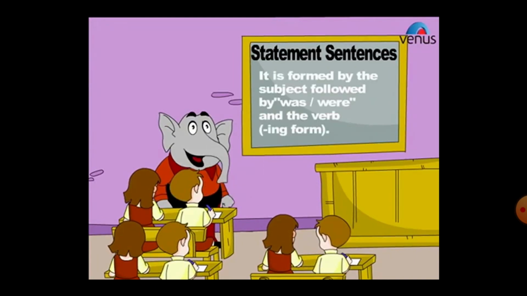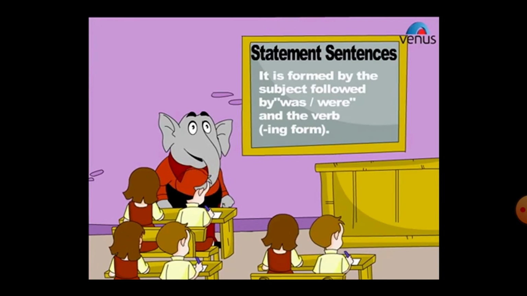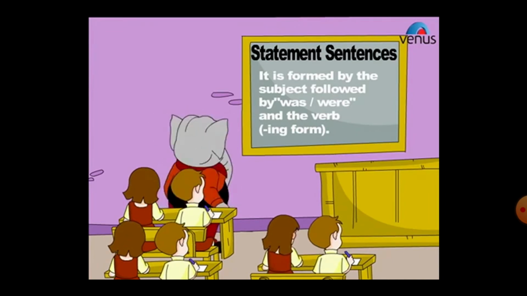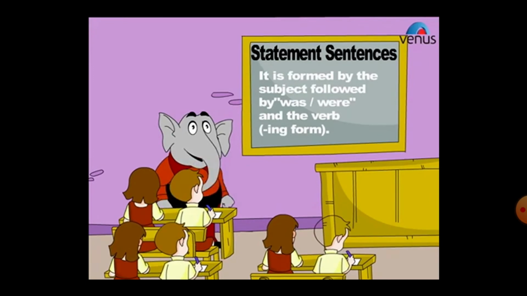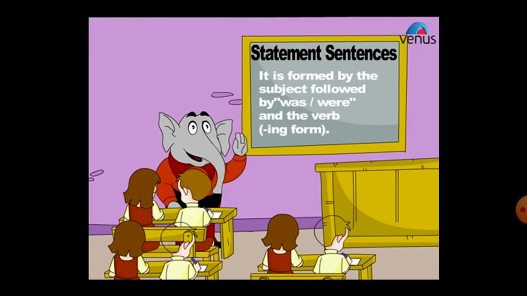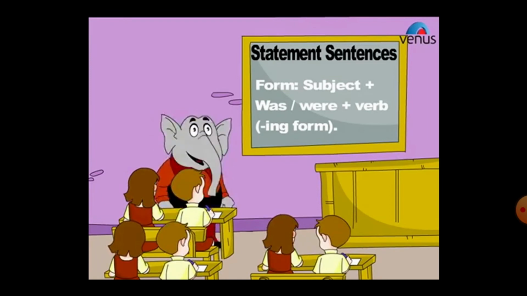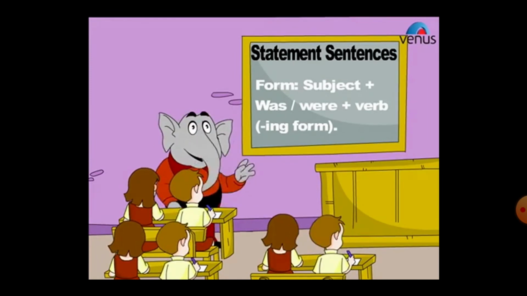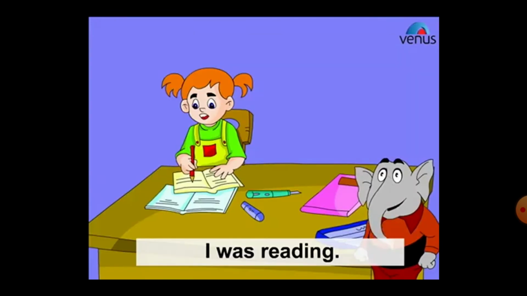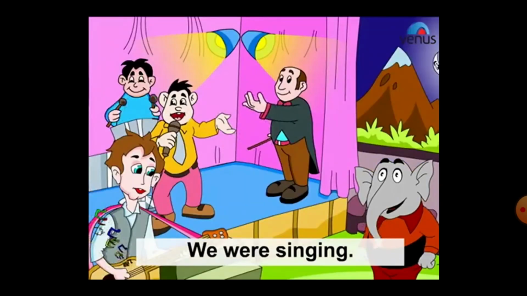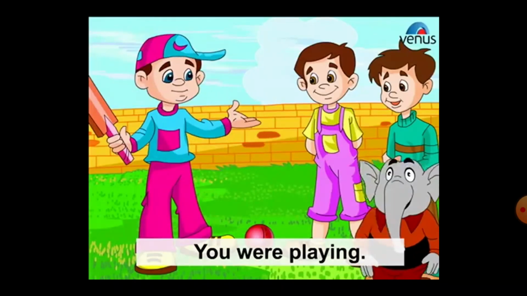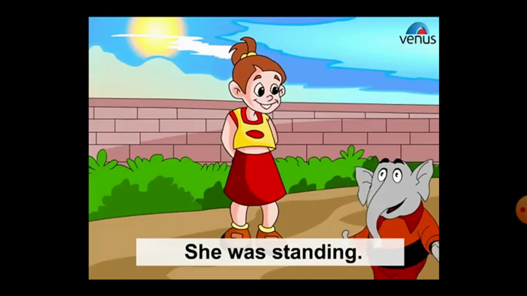Statement sentence. It is formed by the subject followed by was, were, and the verb in ing form. Subject plus was, were plus verb in the ing form. Examples: I was reading. We were singing. You were playing. She was standing.